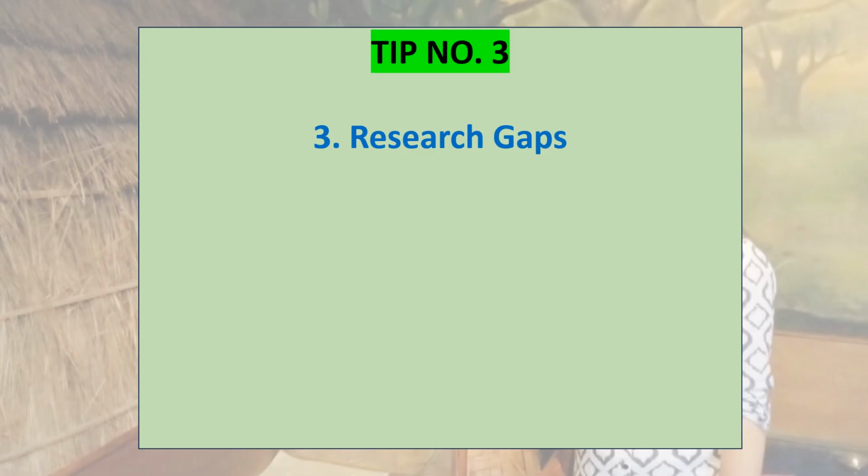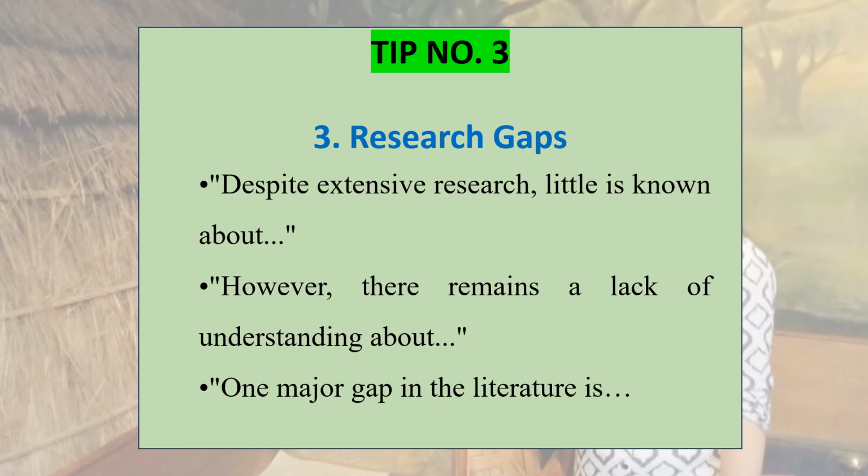Now moving to some important phrases that you can use for this section of research gaps. Despite extensive research, little is known about. Means you are saying that extensive research is done in this area, but little is known about this aspect that you are researching.